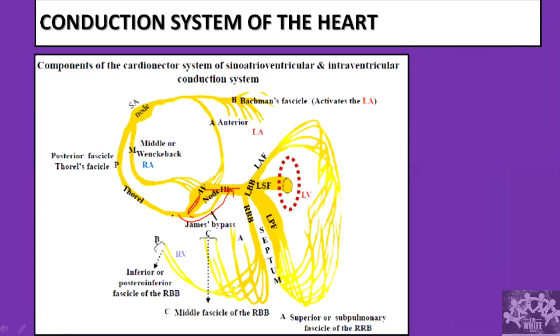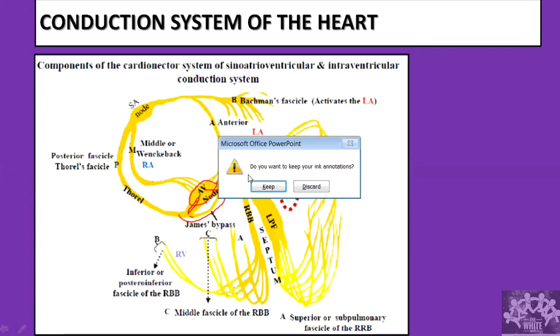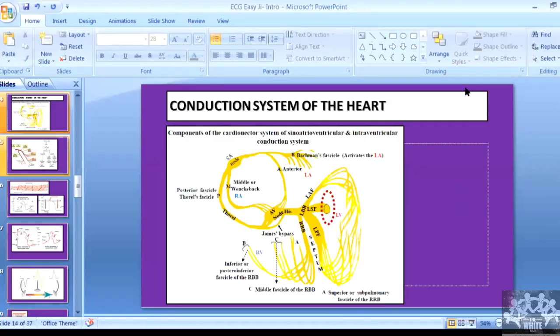So before it reaches the AV node, it is going to bypass. What will happen to the PR interval in that case? You tell me. I'll open the chat so that it becomes easier. No delay. Yes, the delay is reduced.